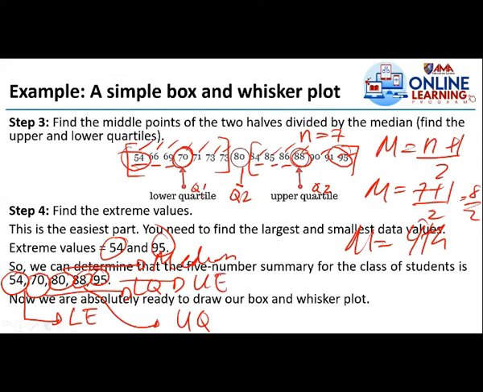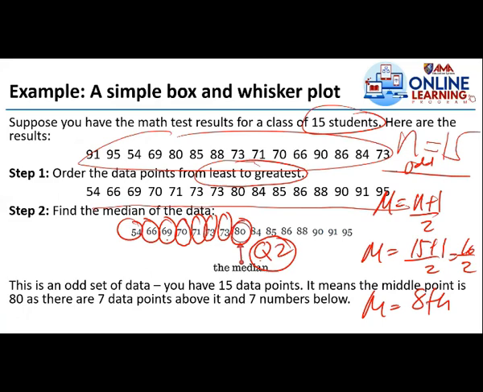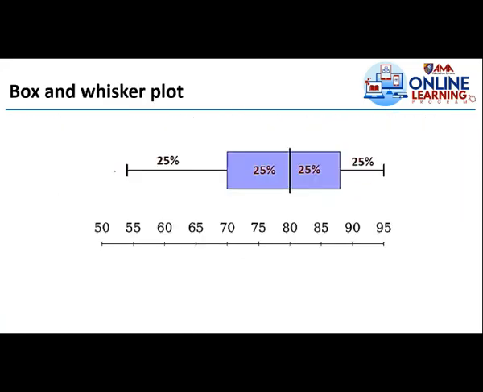Now, if we plot this, here it is. We have gotten all of them. This is the lower extreme, which is 54. This is the whisker. So the spacing of the digits there is larger compared to here. This is the second whisker. Now, this point is quartile 1, the lower quartile, and its value is 70.